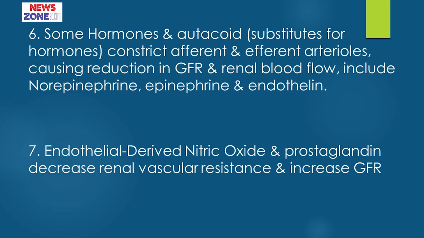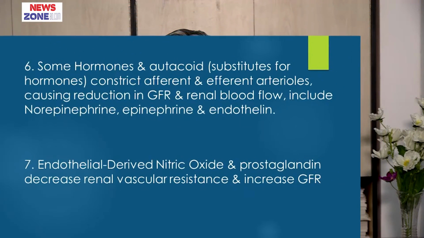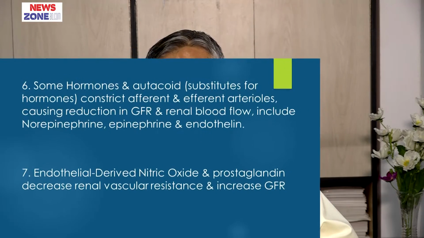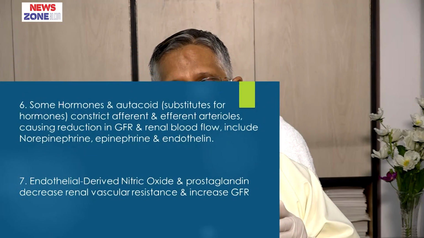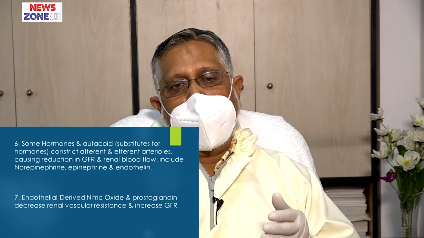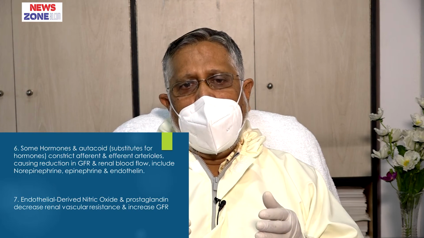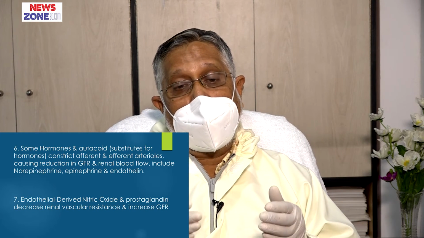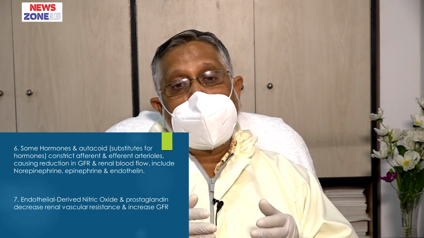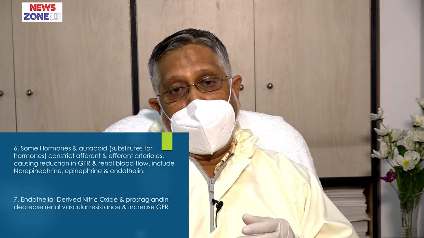They also affect the glomerular filtration rate in vasoconstriction form. Vasoconstriction hormones decrease the GFR, and in the case of endothelial derived nitric oxide and prostaglandin, this also decreases the GFR.